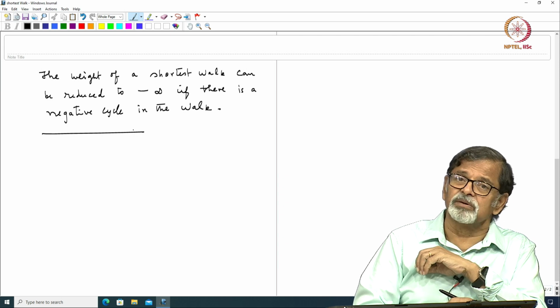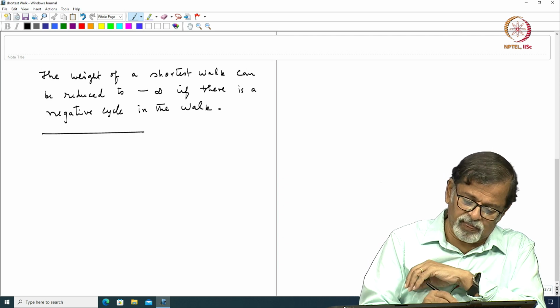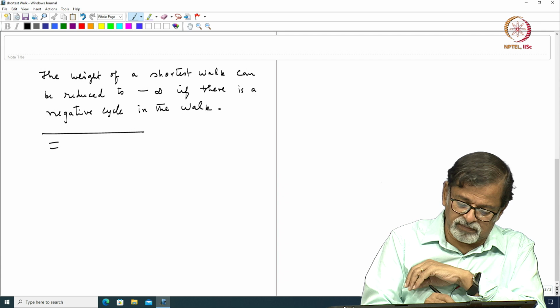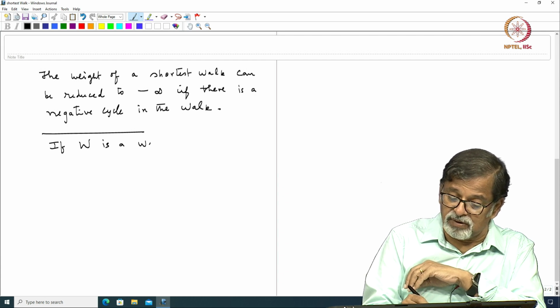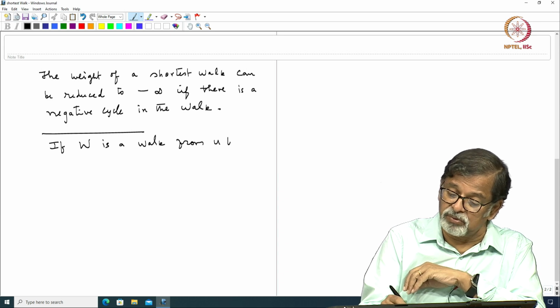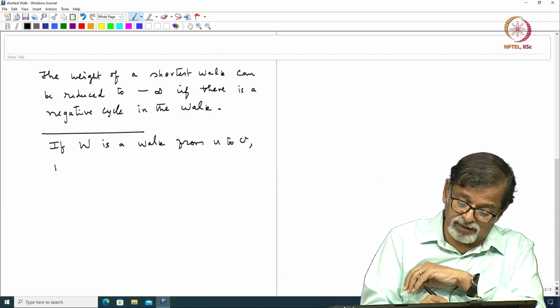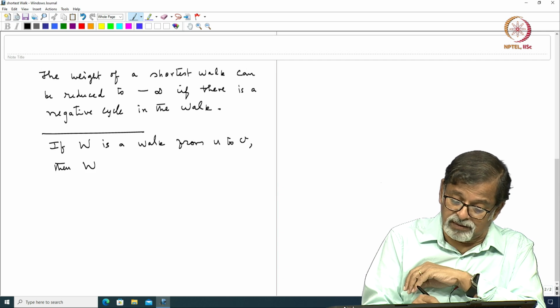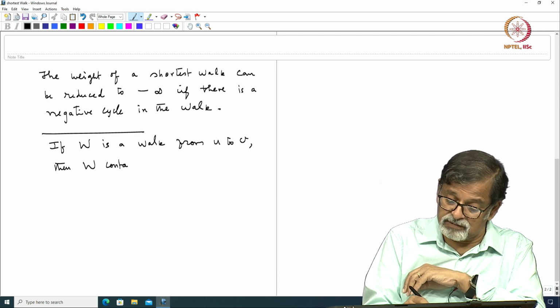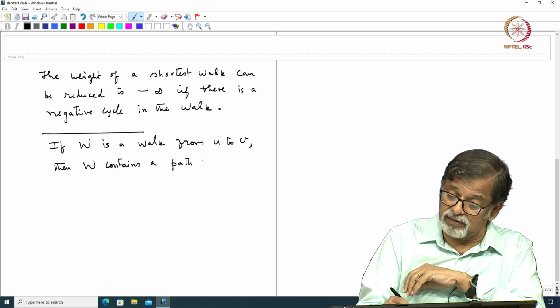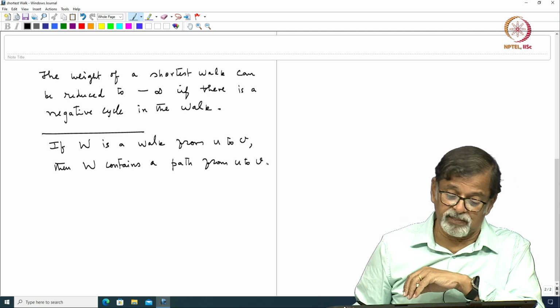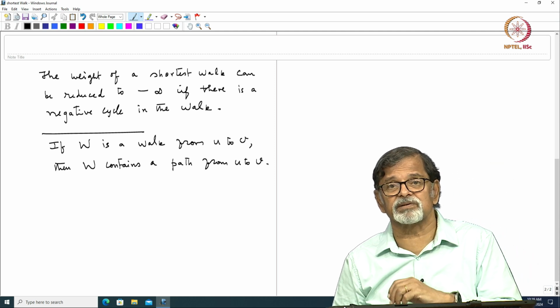First, let us note that if W is a walk from U to V, then W contains a path from U to V. It is a subset of edges.